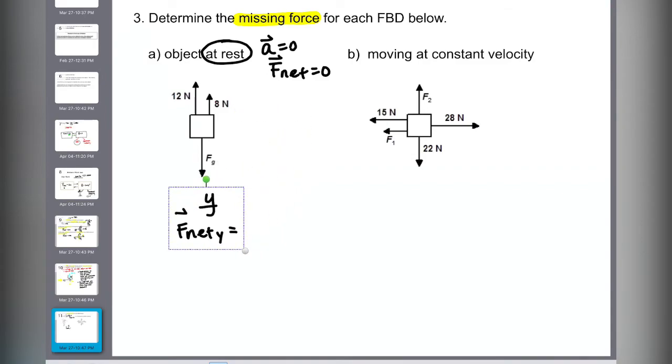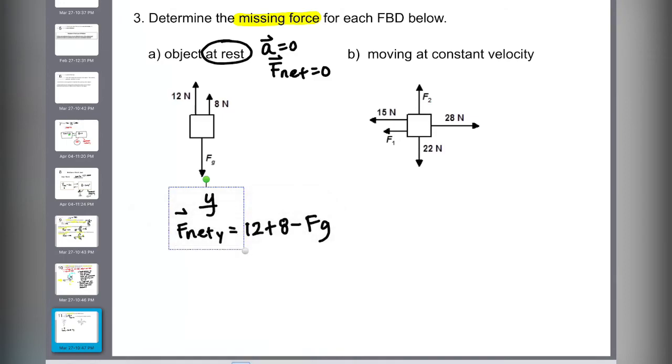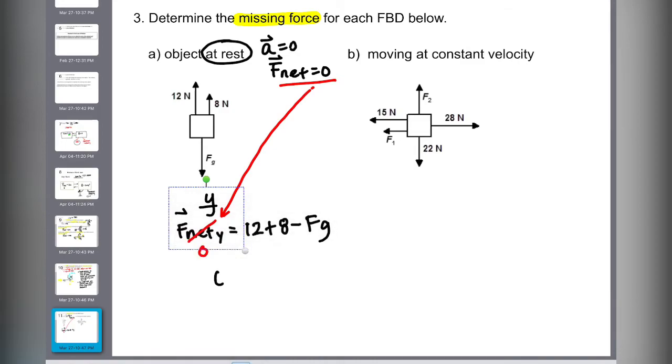I'm just going to move this here so I have a bit more room. Okay, so F net is equal to up minus down. And then the other part now is, what else do I know from the question? I know that F net is equal to 0, so this is equal to 0. So finishing solving the problem, I now know 0 is 12 plus A minus FG. Rearrange the equation for FG.